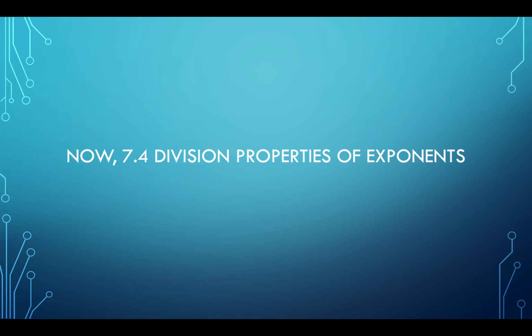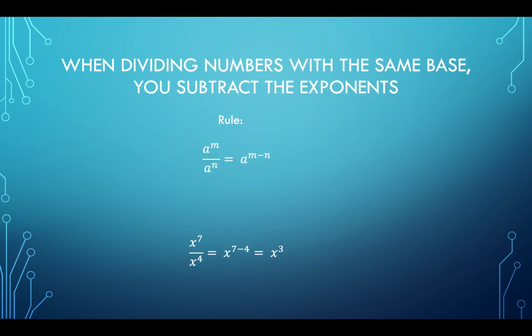Now we're going to focus on Chapter 7, Section 4, Division Properties of Exponents. When we're dividing numbers with the same base, we're going to end up subtracting the exponents. So if we have a to the m over a to the n, where m and n are our exponents, we're going to do a to the m minus n power.